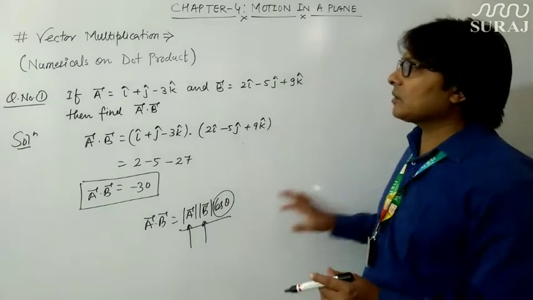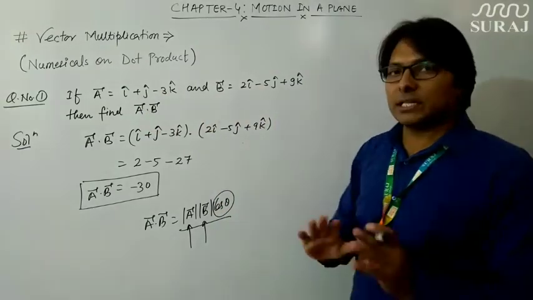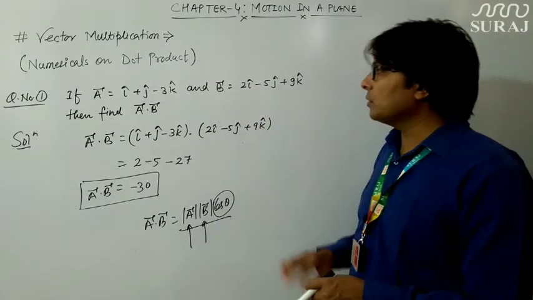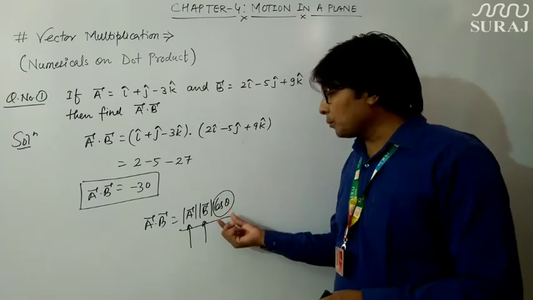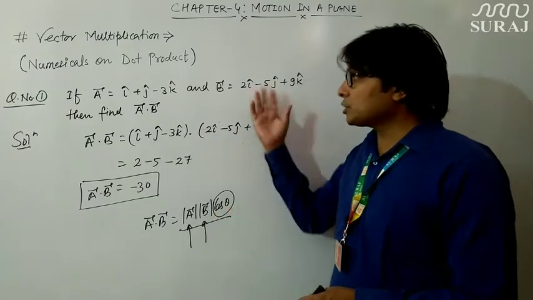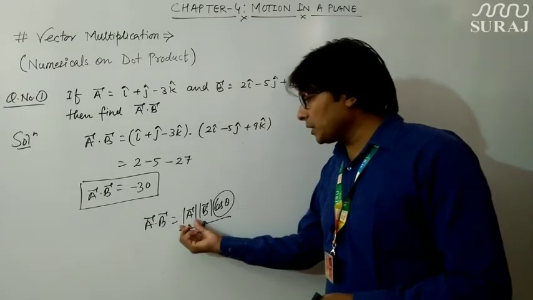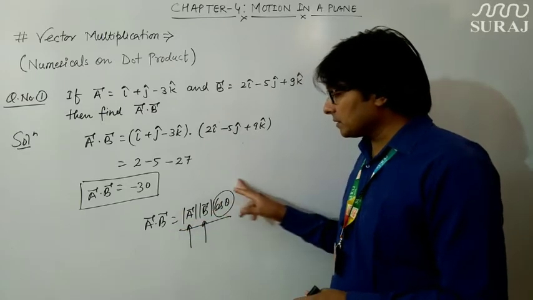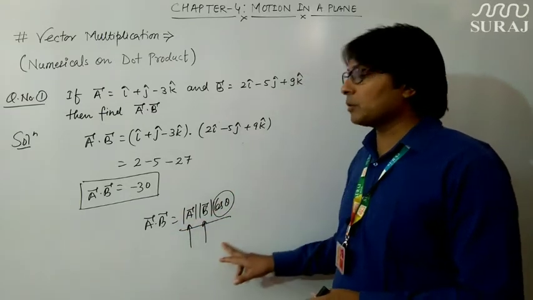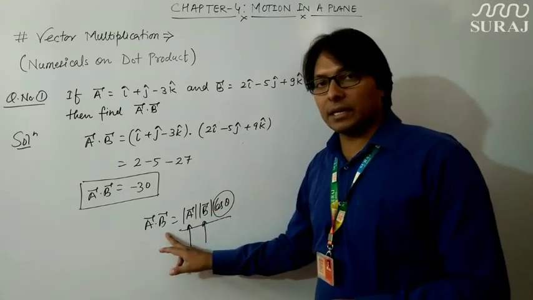Although we can calculate the magnitude of these two vectors, we will discuss it in the next video, but the angle is not given. So first we would find the angle between these two vectors, thereafter the magnitude of a vector, thereafter the magnitude of b vector, and at last we would multiply all these three to calculate a vector dot b vector.